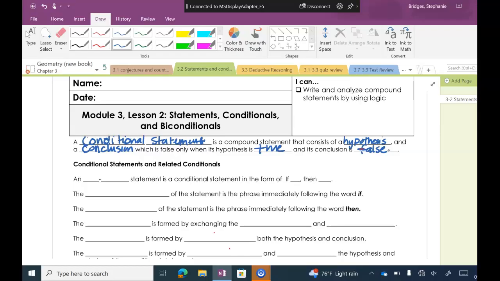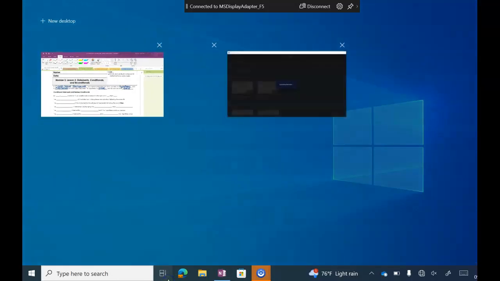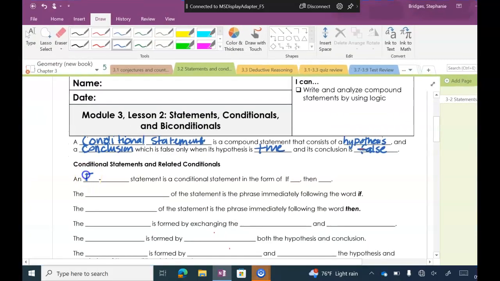Okay, so we have our conditional statement, which is our original statement. It is a compound statement, and it is always going to be, or most of the time going to be, written in what we call if-then form. And a lot of the times you'll see them use some variables to represent our hypothesis and the conclusion.